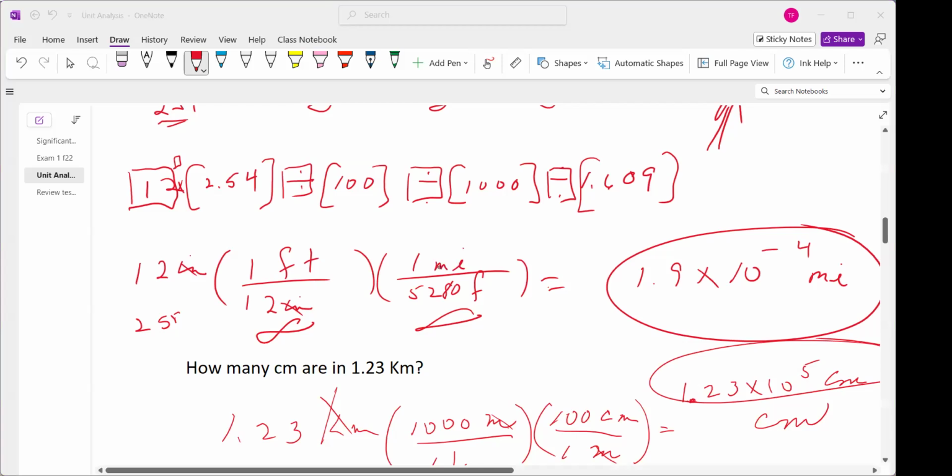Because otherwise it wouldn't come out with the correct number or units. Yes, thank you for pointing that out. I made that error again. Okay, so you guys okay with this?